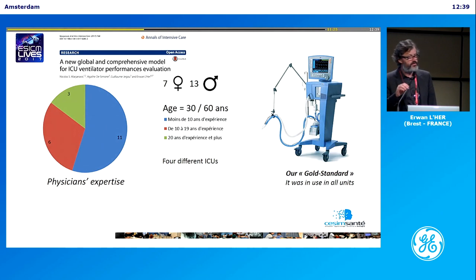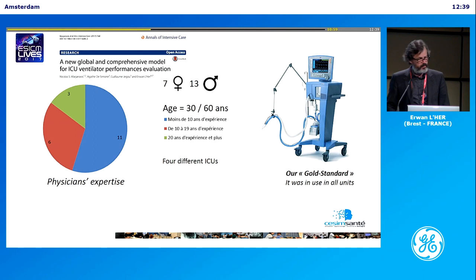So this is our study that was published this year in the Annals of Intensive Care. We looked at the interface of all six new ICU ventilators. We mainly took expert physicians. Most of them had a long time working within the ICU, approximately 11 years.